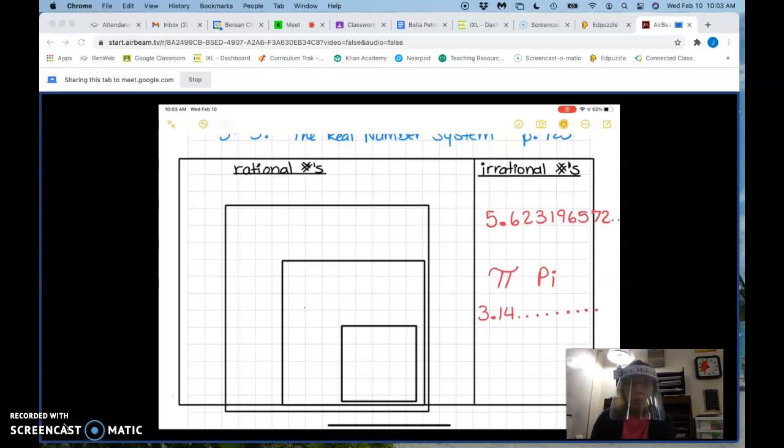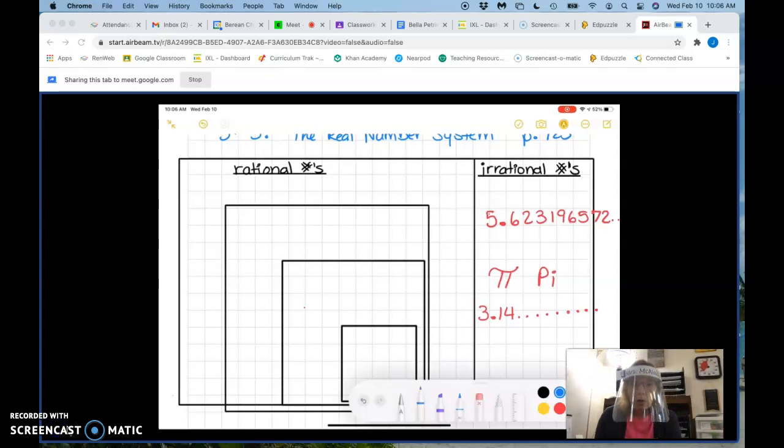It's crazy. Like, pi just keeps going forever, and it doesn't repeat. So irrational numbers are decimals that go on forever, or it could be a fraction too, that when you divide the fraction out, the decimal goes on forever. Okay? Numbers just like crazy.